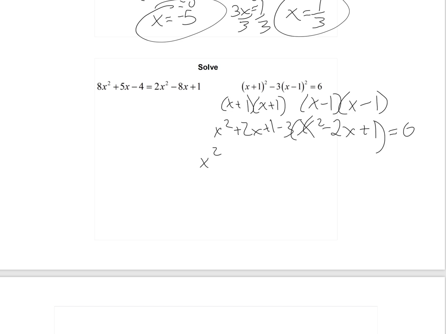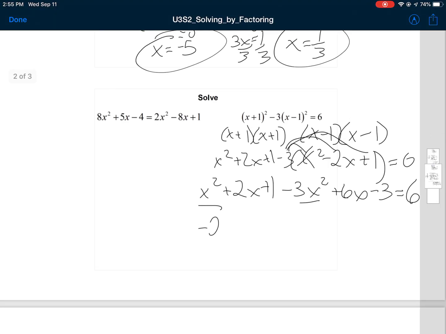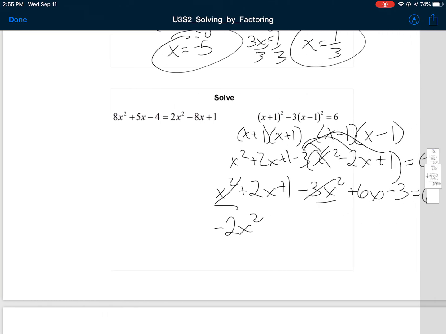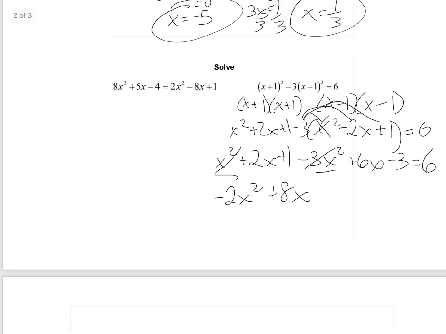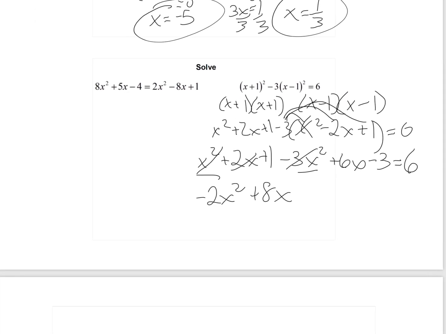So x squared plus 2x plus 1, distribute, and I get minus 3x squared plus 6x minus 3 equals 6. Combine like terms, I get minus 2x squared. I get a plus 8x with those two like terms. Combine those, and I get a minus 2 equals 6.